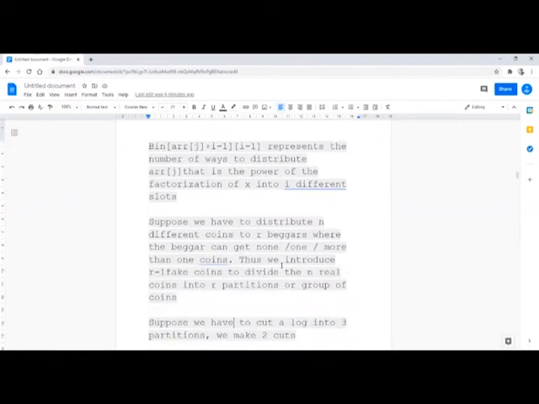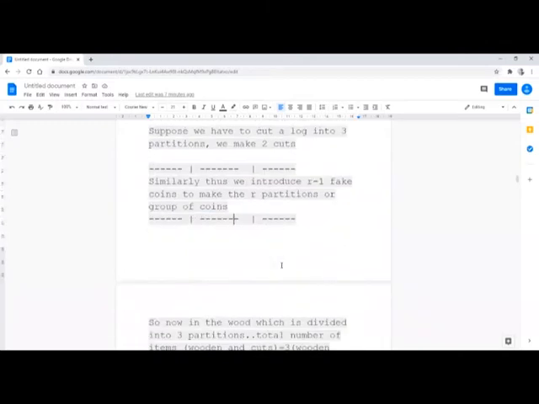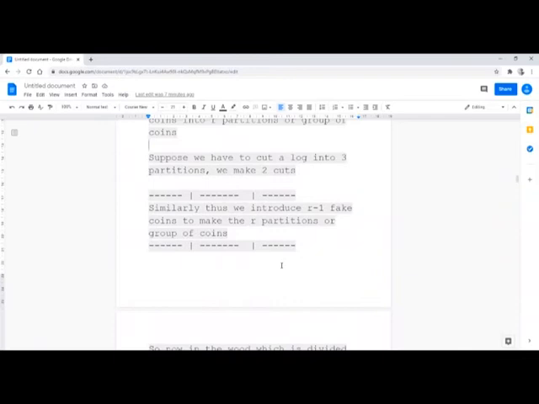So suppose we have to distribute n different coins to r beggars, where a beggar can get none or one or more than one coins. Thus we introduce r minus 1 fake coins to divide the n real coins into r partitions or groups of coins. Or a better example for that will be, suppose we have to cut a log into 3 partitions, we just make 2 cuts.